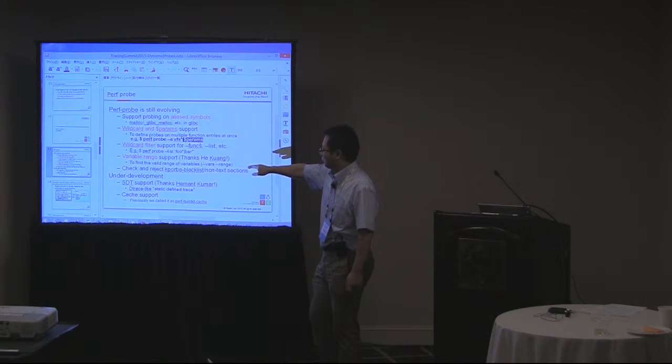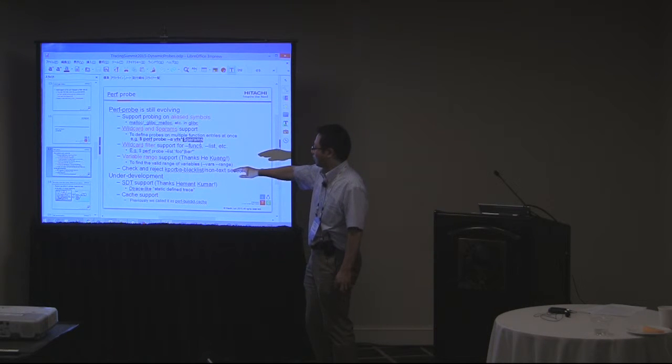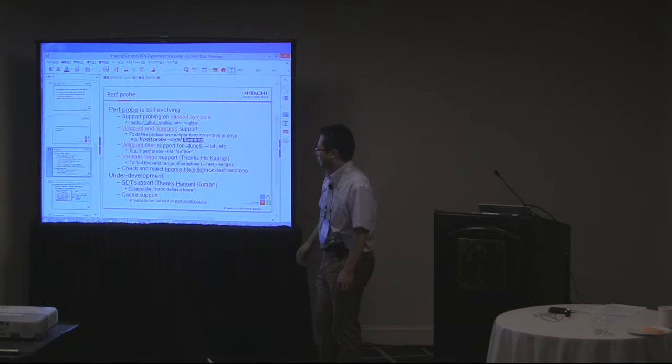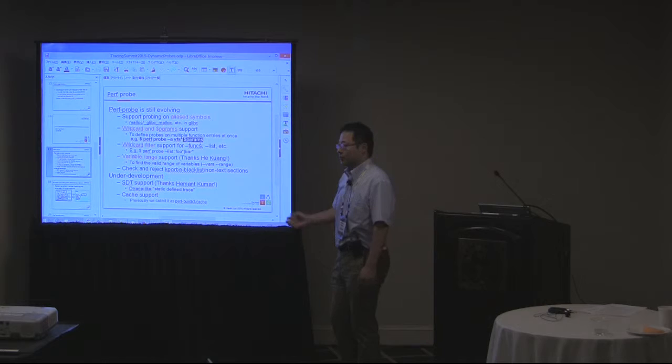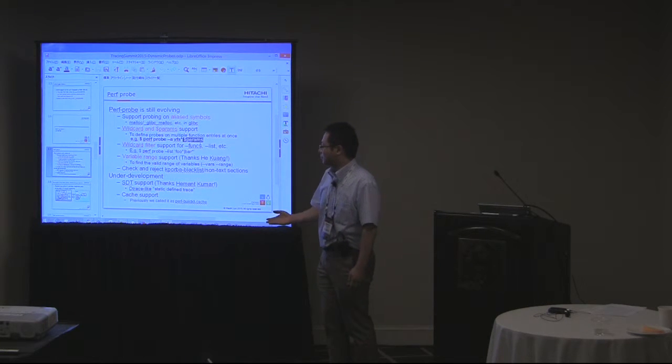And also we can get variable range support on variables. Sometimes local variables are optimized out at some address, so we can find which variables can be used at which address.